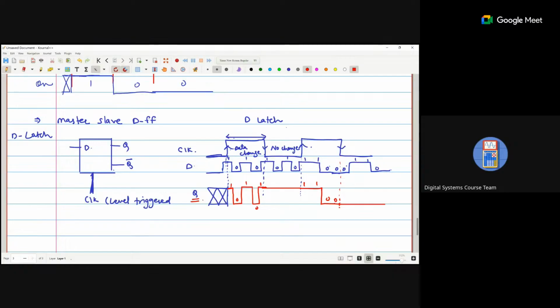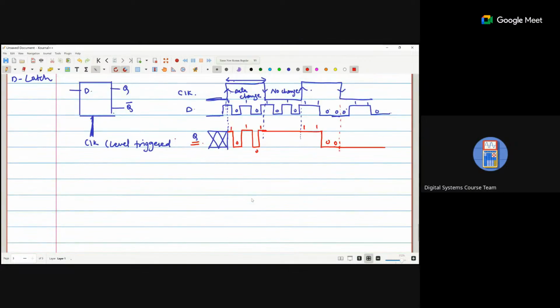So we can design this latch also with the help of multiplexers. From this diagram, we can say my Qn plus 1, the data, is D when the clock is at the positive level.